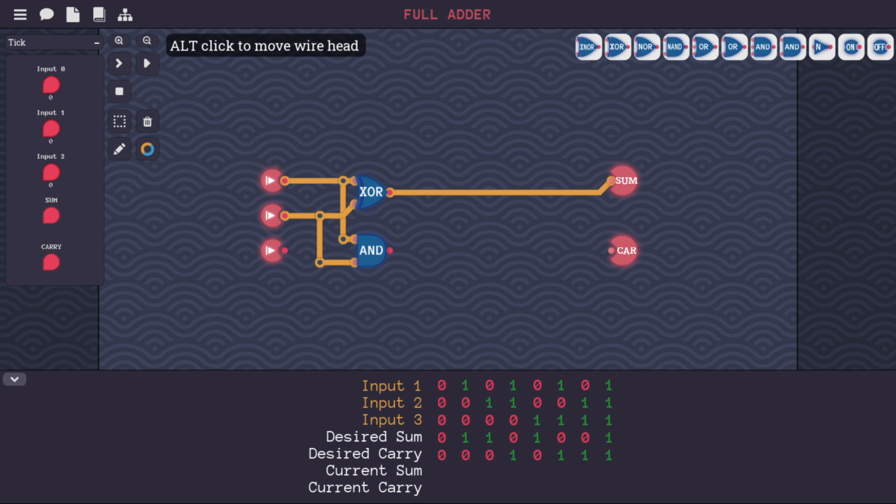And then we can have another XOR gate, but this one is going to be between the first 2 bits of data and the last one, which is this.